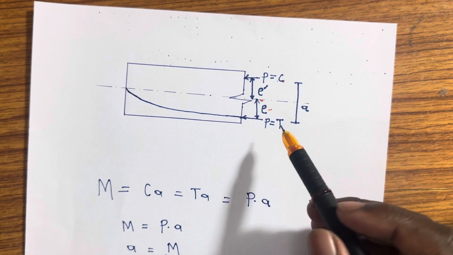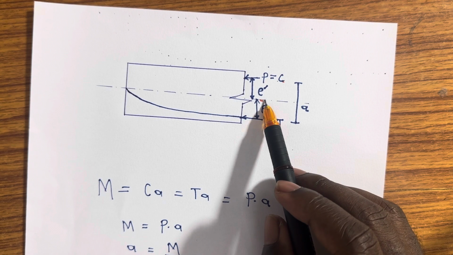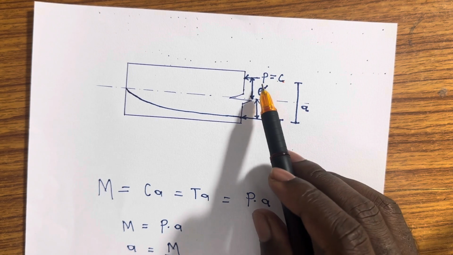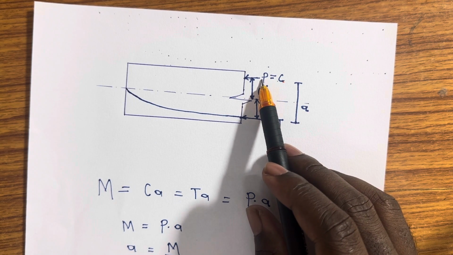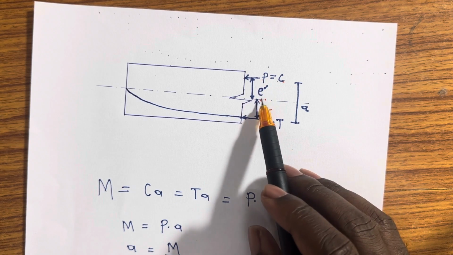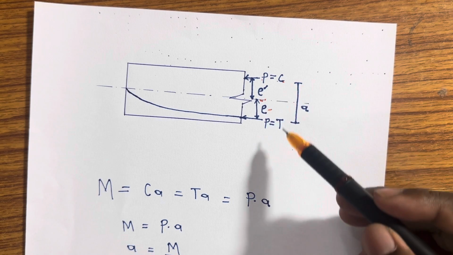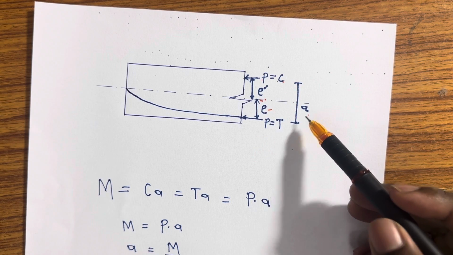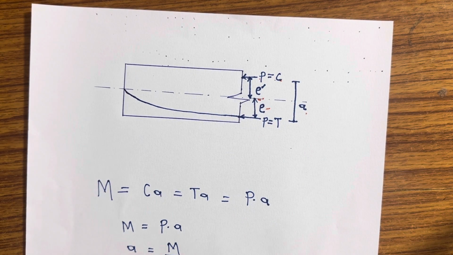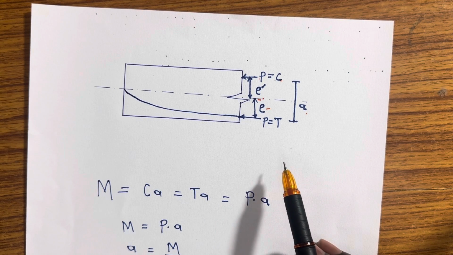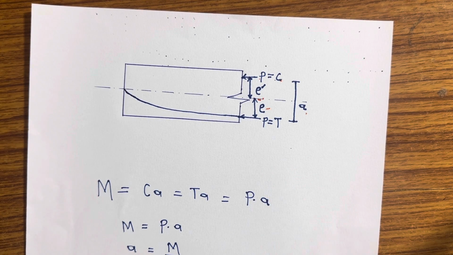The distance from the neutral axis up to where the compressive force is found, we call e dash. The total distance between these two forces we call a. This is only possible when the beam is exposed to prestressing.